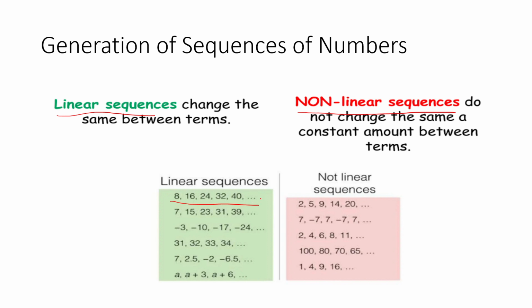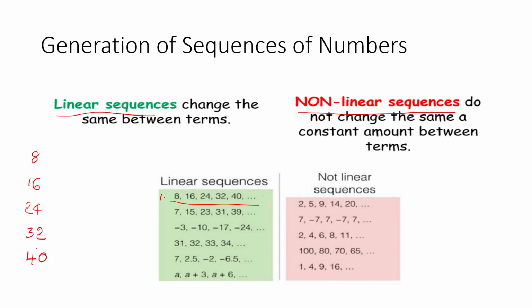The first one is an infinite sequence because you can see the three dots here. So not only these 5 elements, some more elements are there. Then 8 is the first element, the next element is 16, then 24, then 32, and the next element is 40.